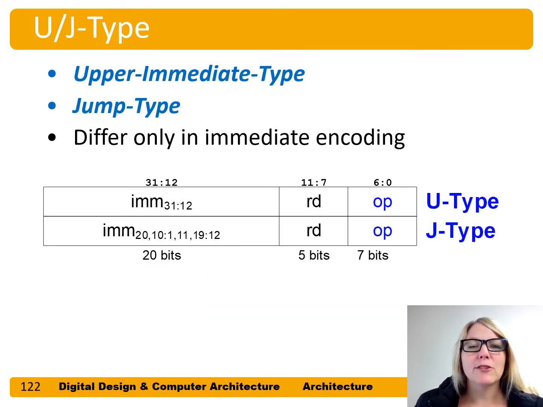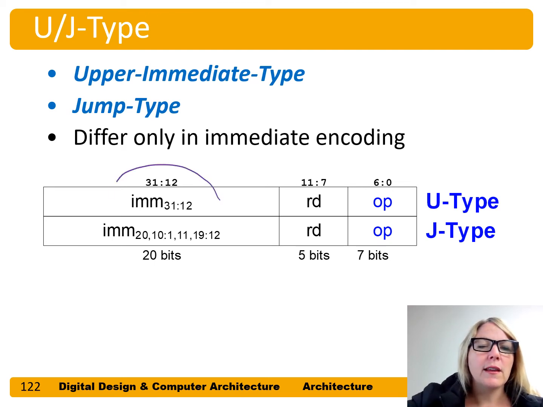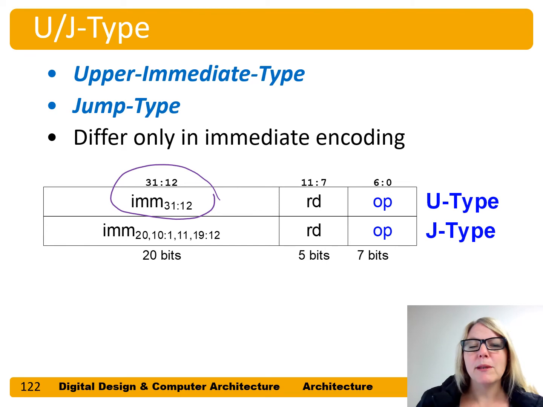The UJ type instruction is for the U type, which is upper immediate type, and the J type, which is jump type. They differ, again, just like the SB type, only in how we encode the immediate. In the U type instruction, we're going to encode a 20-bit upper immediate, so bits 31 to 12 of an immediate.